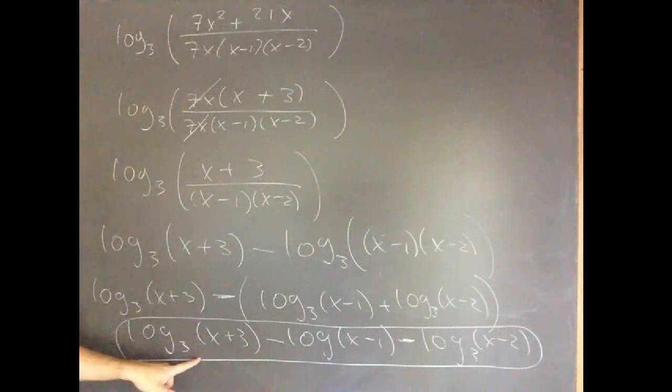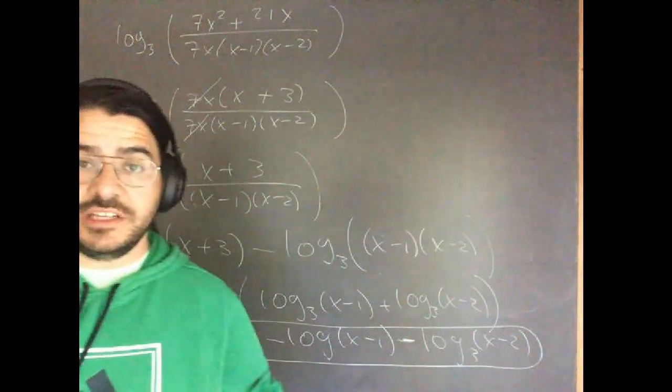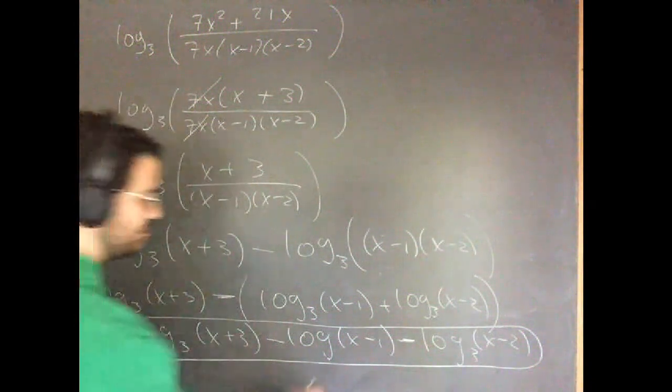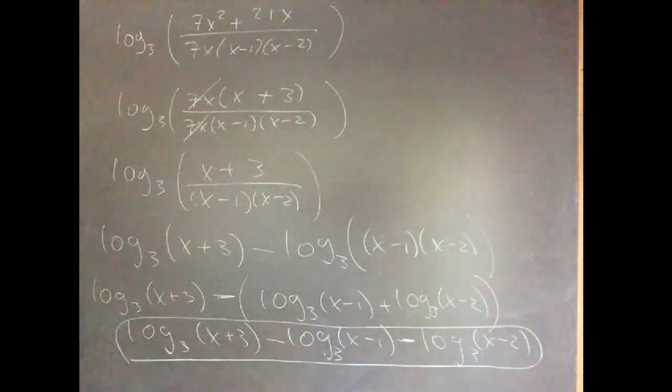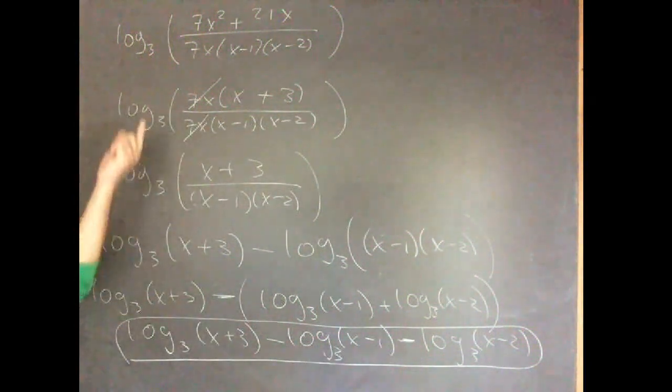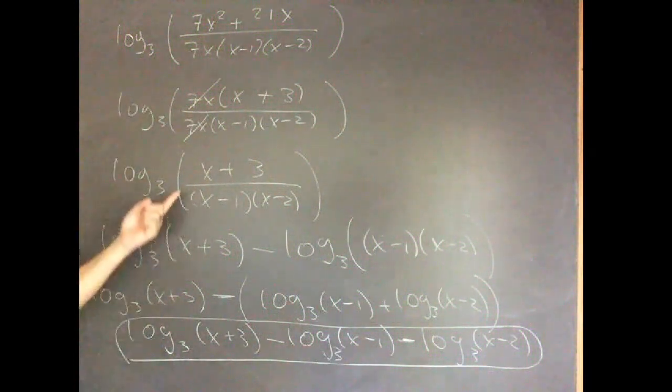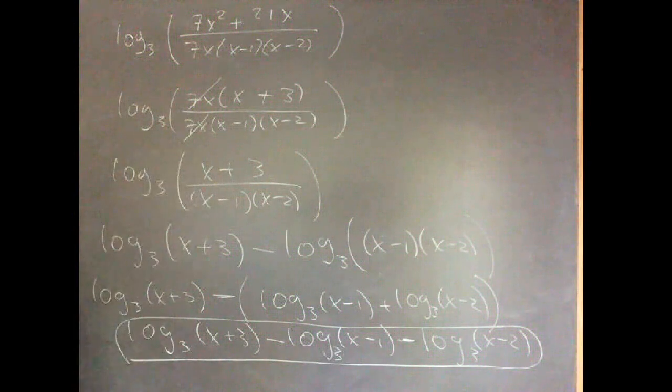So somebody might give you an expression like this and say condense that expression. What they mean by condensing the expression is to reduce the number of log base 3s that you see in the expression. And you'd have to go all the way back up to this, where there's just 1. Okay, I guess it would be here, 7x on the top and bottom if you're going in reverse.